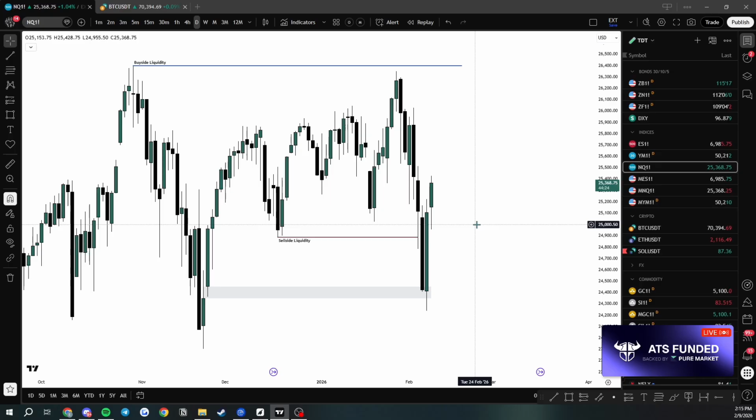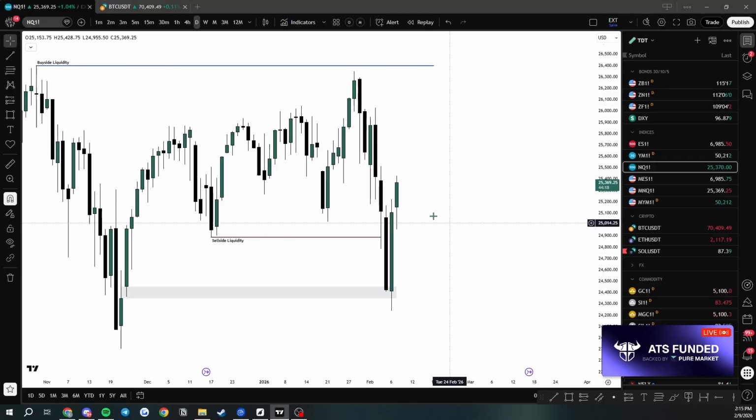Now, when we talked about change in state of delivery and when we talked about order blocks in our last session, we talked about looking at consecutive candle closes, right? So these three candles. So you may be thinking to yourself, okay, in order for us to get a change in the state of delivery on the daily, we would need to close above here.